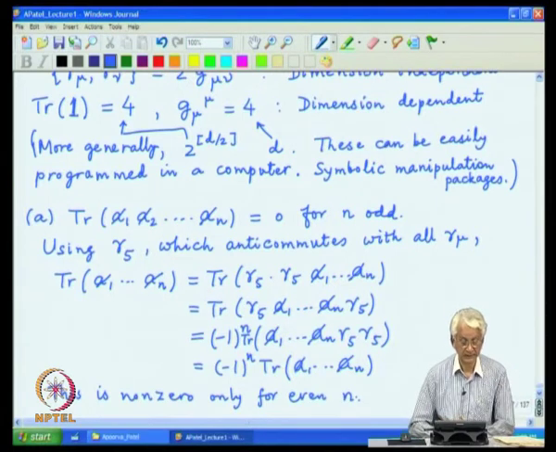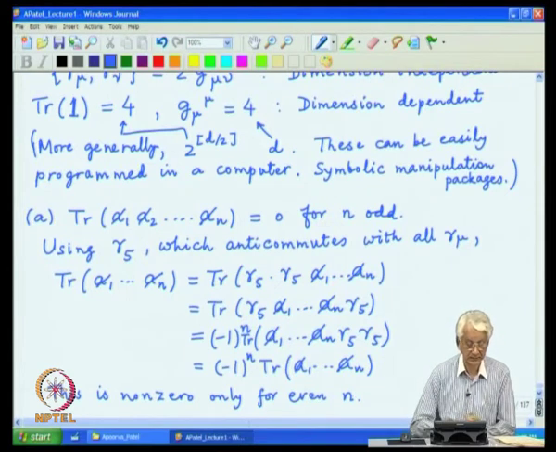These are rather straightforward manipulations, but what has gone inside this proof is the fact that we used gamma 5. Once the gamma 5 does not exist, which happens in dimensions not equal to 4, this proof will fail, and this kind of identities may not necessarily work.